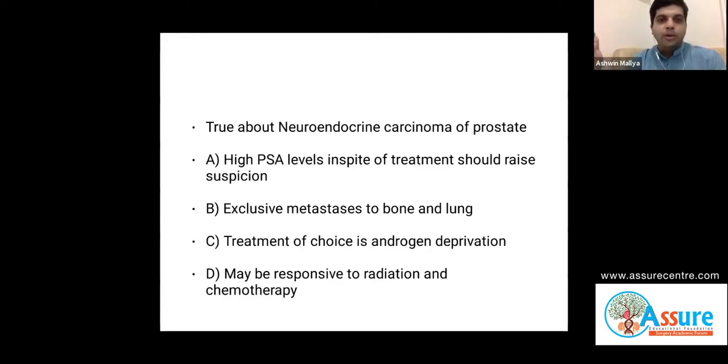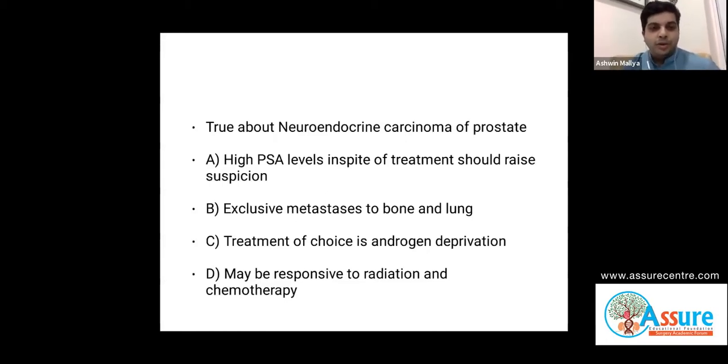So, true about neuroendocrine carcinoma of prostate. Option A is high PSA levels, in spite of treatment, should raise suspicion. Option B is exclusive metastasis to bone and lung. Option C is treatment of choice is androgen deprivation. And option D is may be responsive to radiation and chemotherapy.